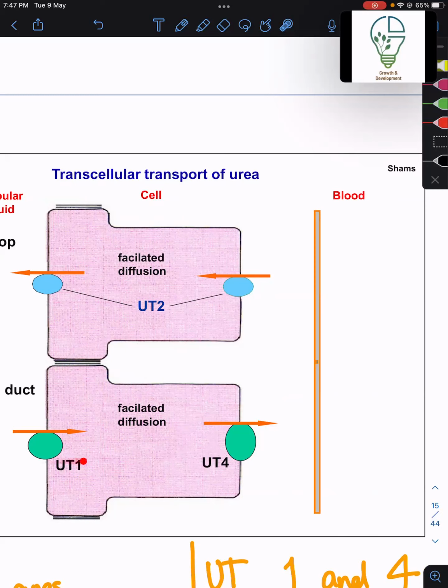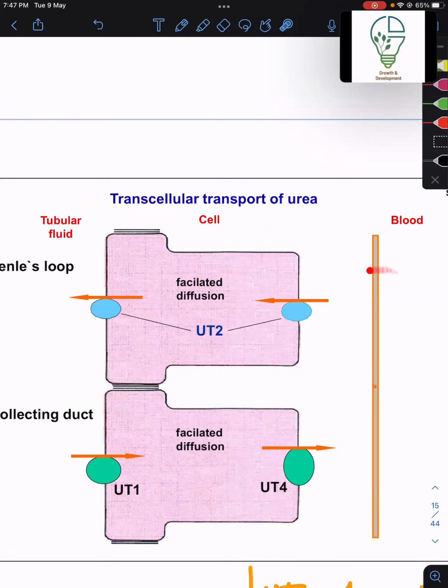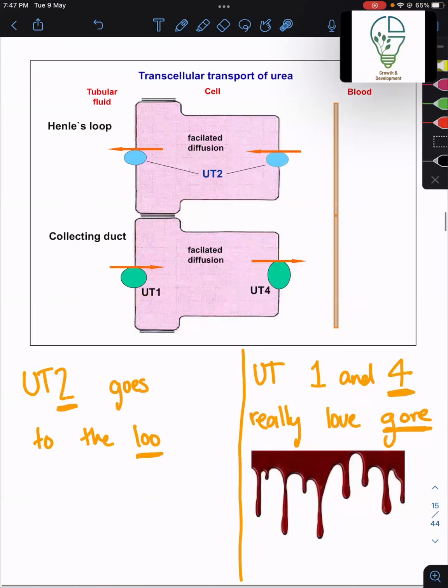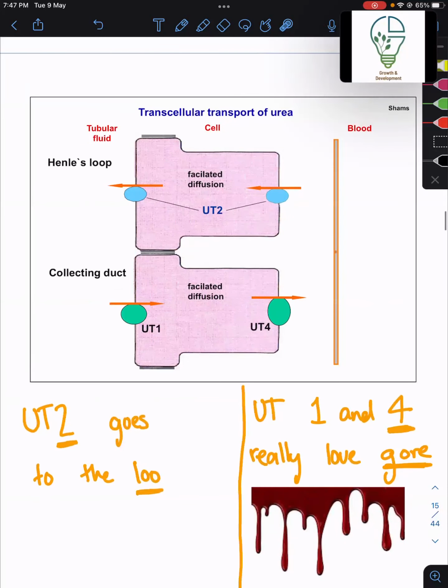Okay, so this process is called reabsorption, where urea goes from my urine back into my bloodstream to stay inside of my body. And this process is called secretion, where urea goes from my blood into my tubular fluid. I have a silly little mnemonic over here. This is just how I used to study. The way that I would memorize this is that you could say UT2 goes to the loo.